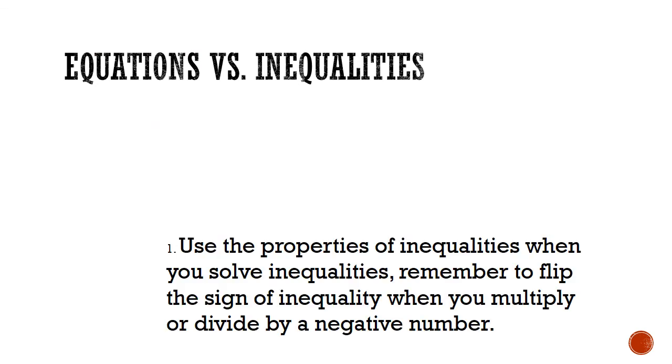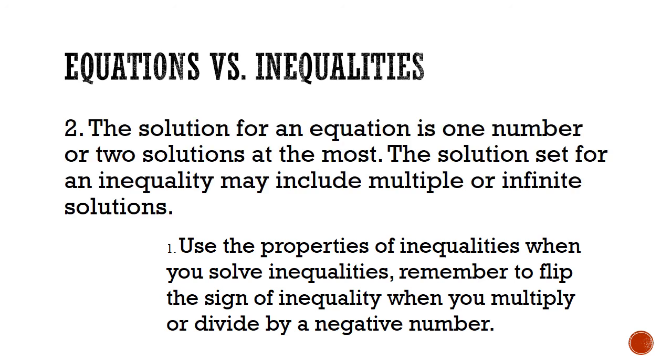So this is the bottom line. We use the properties of inequalities to solve inequalities, and we use the properties of equations to solve equations. The only difference between these properties is that when we multiply or divide the inequality by a negative number, we need to flip the sign of the inequality.